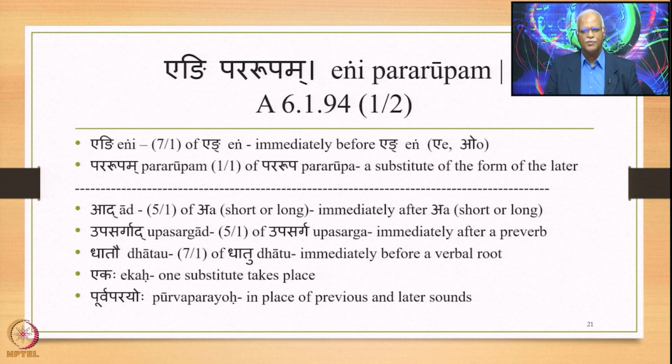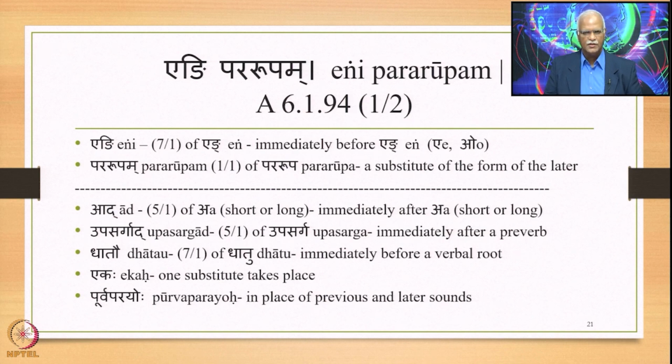Upasarga is a preverb. Dhatau is 7/1 of Dhatu, and so it means immediately before a verbal root. Dhatu is a verbal root. Ekaha, one substitute takes place, and Purva Parayoho 6/2, which means in place of previous and latter sounds.